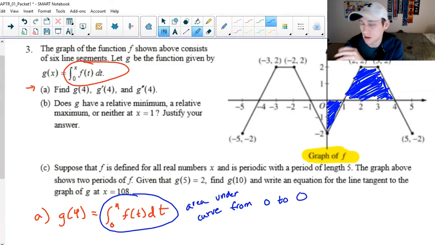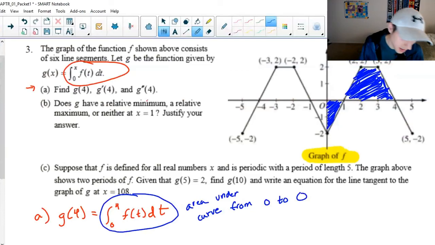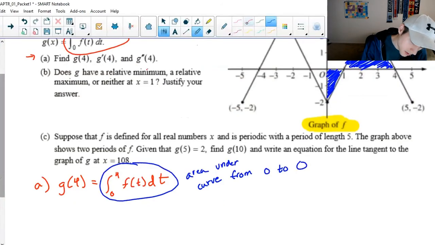The area between the curve and the x-axis is more specific, but we say area under the curve. And looking at these shapes, I'm excited because I have a triangle and a trapezoid, which I know the area formulas for both, or at least I have to second guess myself on the trapezoid one sometimes, but I think I know it.